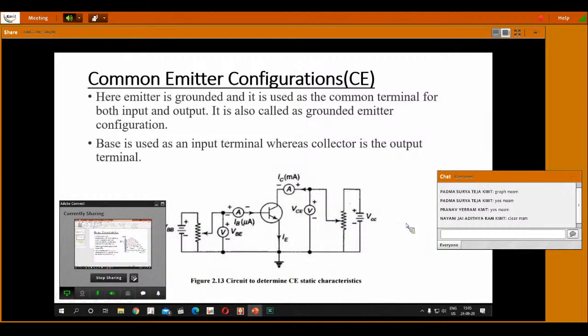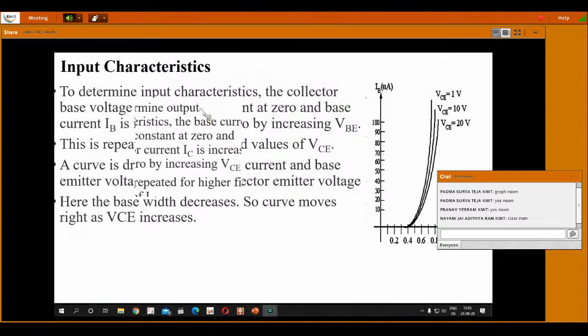We have a transistor which is in common emitter. The emitter is grounded. VCC is connected through a resistor, the collector resistor RC.